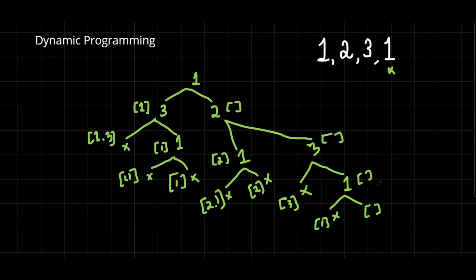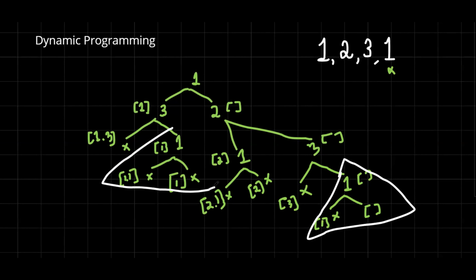Now, this is the decision tree of this dynamic programming problem. Now let's see. In this problem, we have seen that this decision tree where the root is 1 and this decision tree where the root is 1, both of the trees are similar.